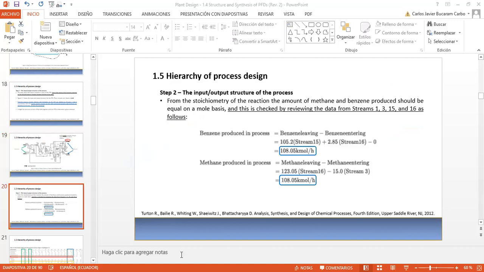We also discussed some ways to determine the efficiency of the process, the yield of the process. What was the benzene produced? What was the methane produced in the process?